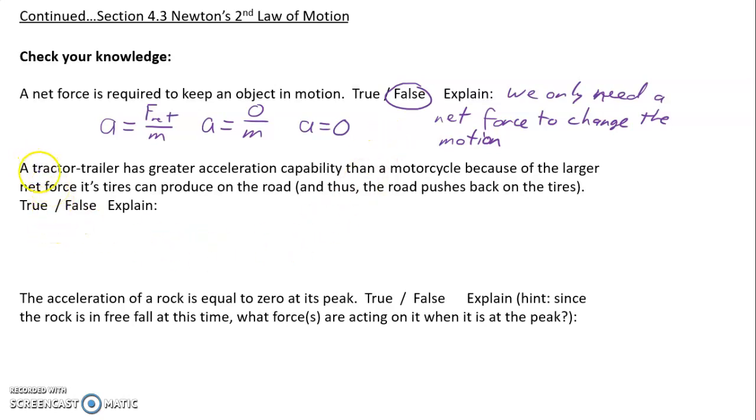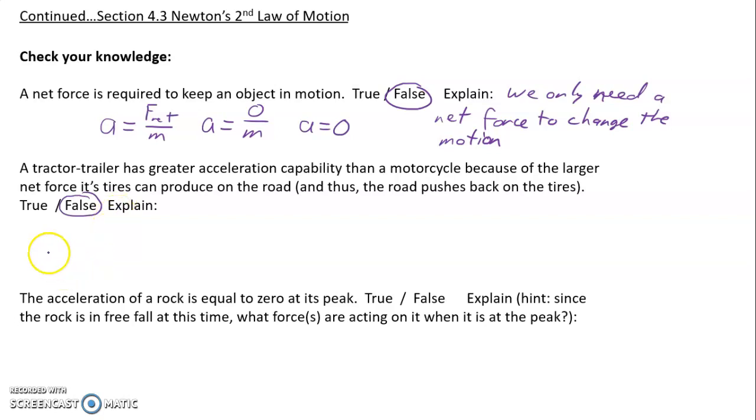All right, a tractor trailer has greater acceleration capability than a motorcycle because of the larger net force that's acting on the tractor trailer. That's also false. It is true that there's a larger force on the tractor trailer. The tractor trailer has a much bigger engine, and there is a greater force pushing it forward.